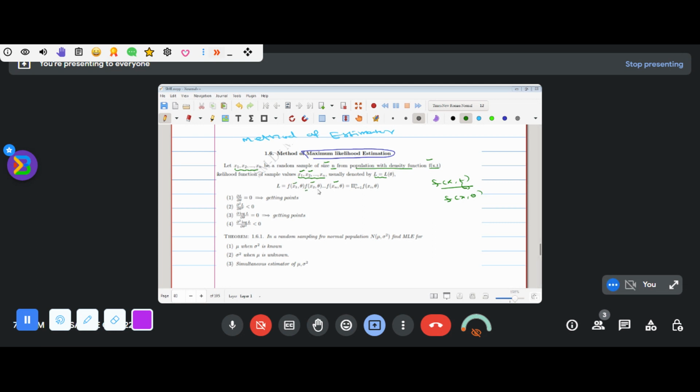This is called a multiplication, and the multiplication symbol is the pi product. So for i varying from 1 to n, you take f of xi comma theta.